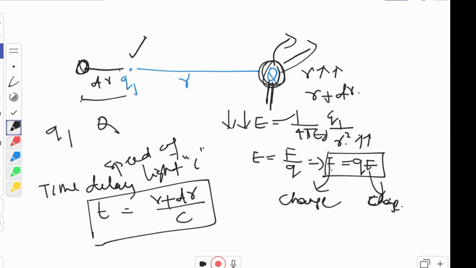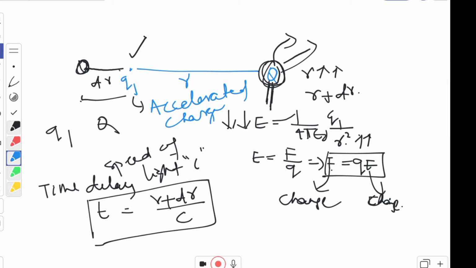Now, this Q1 is an accelerated charge. Remember this. You have to listen to this lecture very carefully. So much of concept, no such derivations.